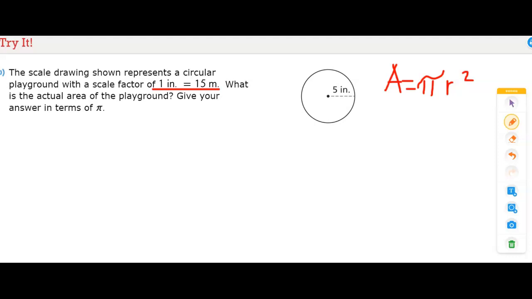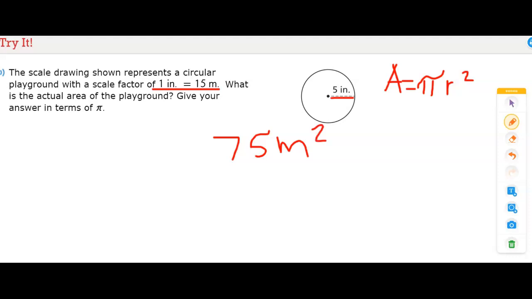So now we need to find the actual radius of the playground. 5 inches times the scale factor of 15 meters is going to give us the actual radius. 15 times 5 is 75. So 75 meters is the actual radius of the playground.